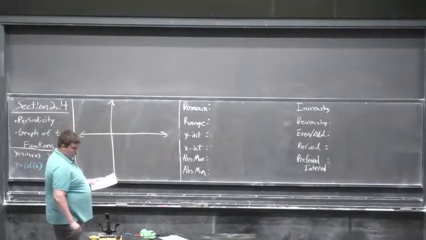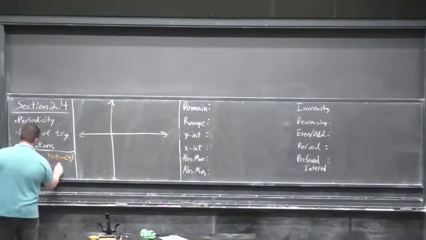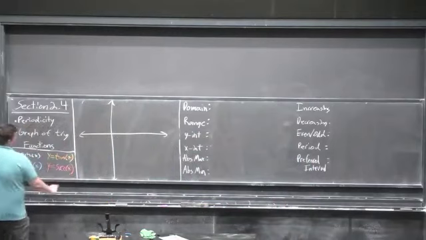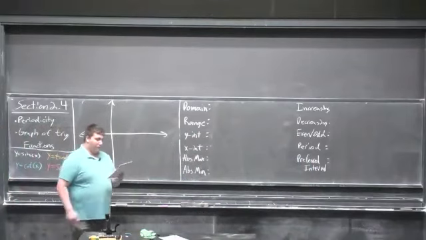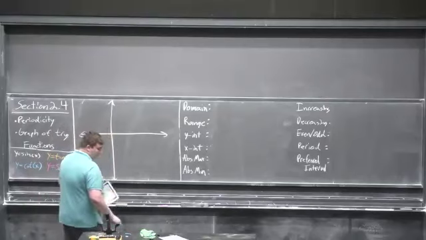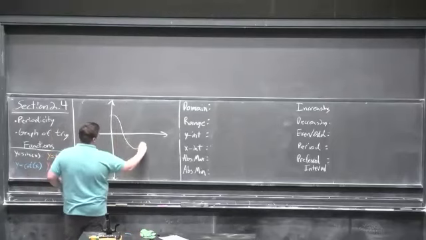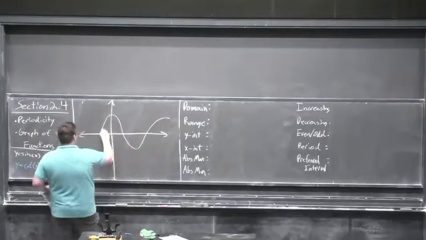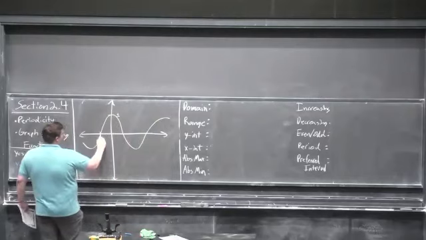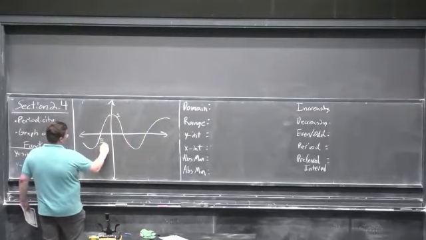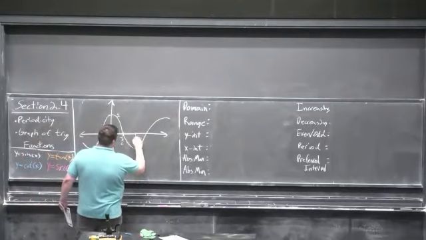And let's do secant. Now secant of x is 1 over cosine. So when we think back to the cosine function, it looked something like this, where this was 1, this was negative pi over 2, pi over 2, and this was pi.